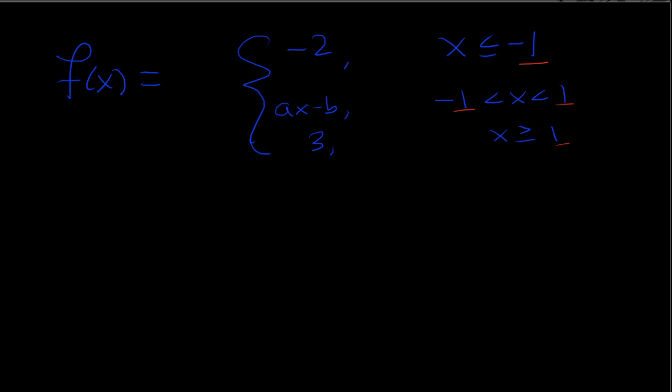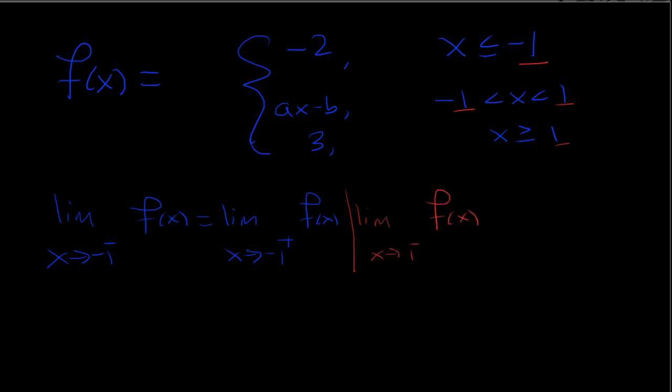So we're going to have two cases. We're going to look at the limit as x approaches negative 1 from the left and the right, and we're going to want those two to be equal. And we're also going to look at the limit as x approaches 1 from the left and the right, and we're going to want those to be equal.